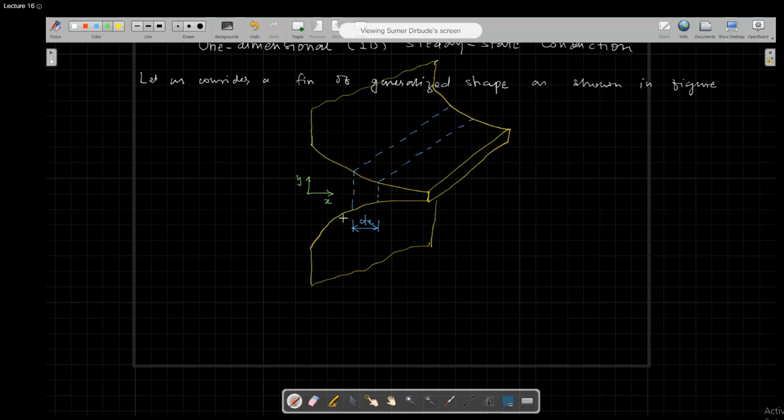So this total distance should be 2y. Above x, it should be a y. Below x, it should be negative y. So total distance is 2y.